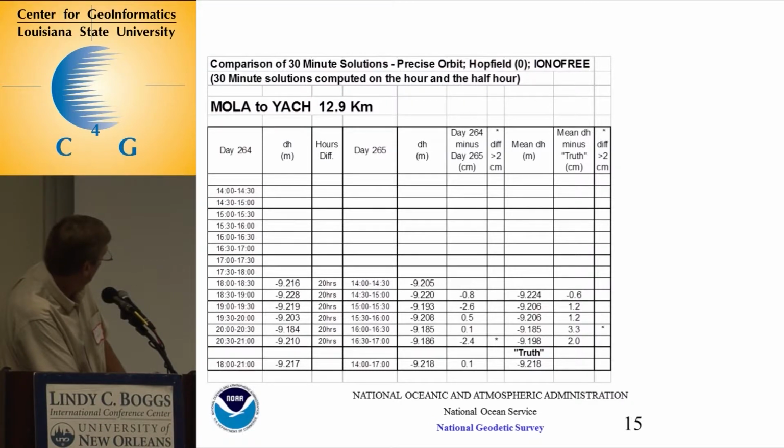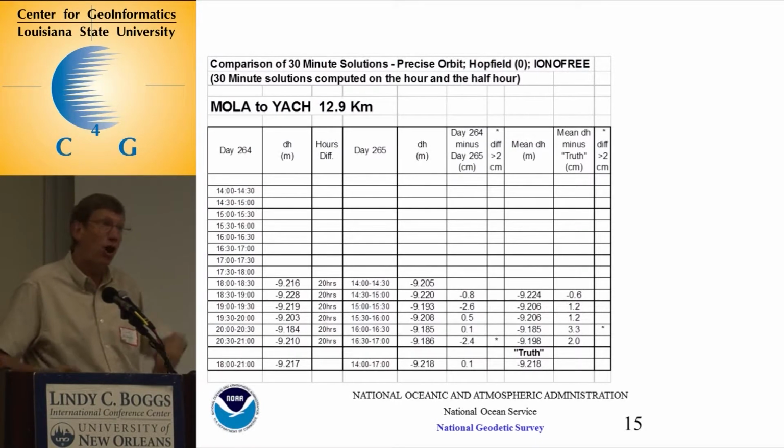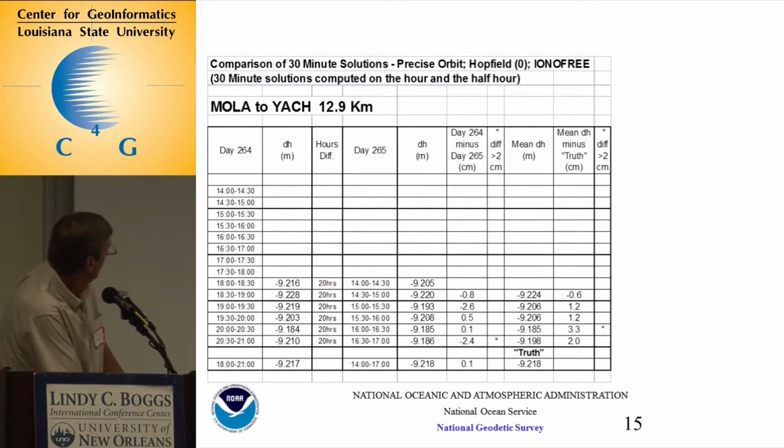So it's not the same day and it's not the same time, and this would give me my delta height. Then I subtracted the 2 days and got a difference between the two, and I took what I thought was the true value, which was based on, like I said, all of this data. And these are the mean differences minus the truth.